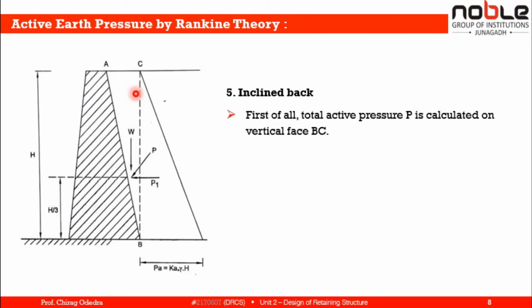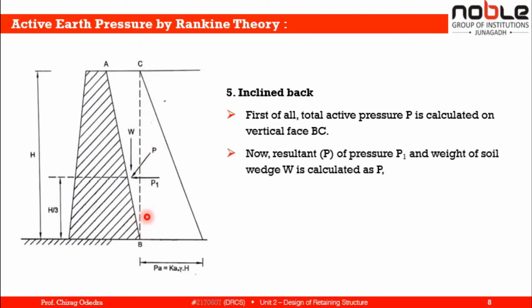So first of all, we have to calculate the total active pressure P1 on the vertical face, that is face BC. So now the resultant force P of pressure P1, that is lateral pressure, and the weight of the soil wedge W, capital W. This is the weight of the soil retained here in triangle A, B and C. The weight of the soil retained in this wedge is W. So the resultant will be this.